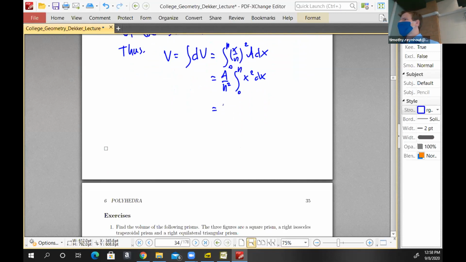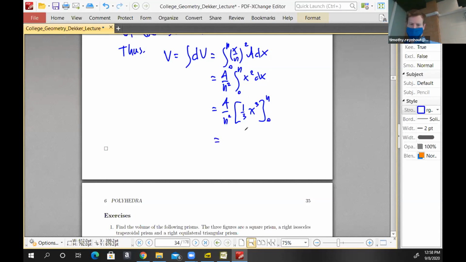And so that would be A divided by h squared times the evaluation of 1/3 x cubed, evaluated from 0 to h.